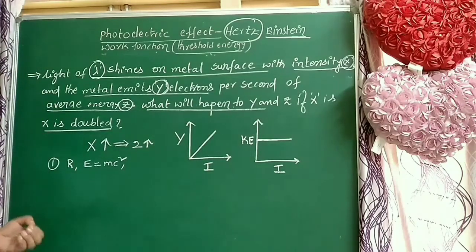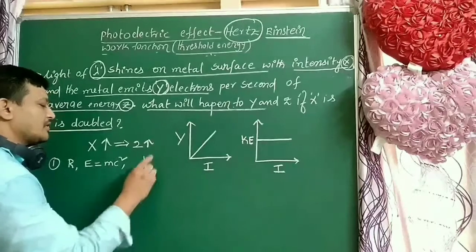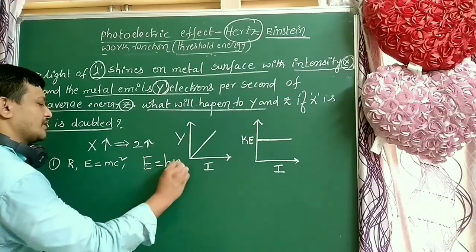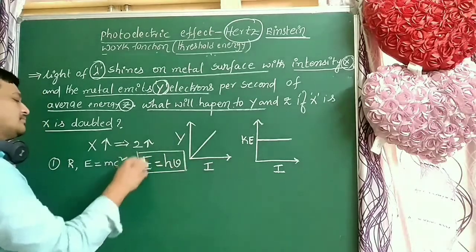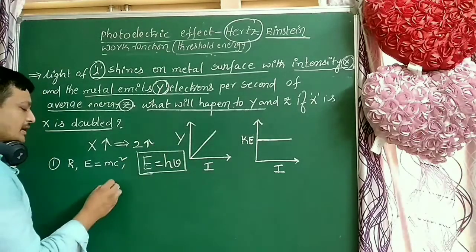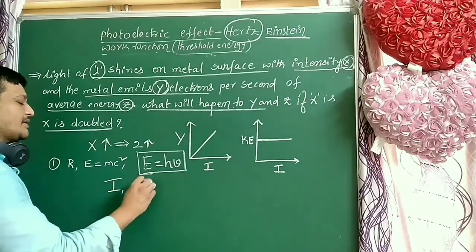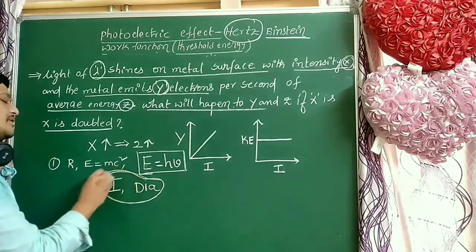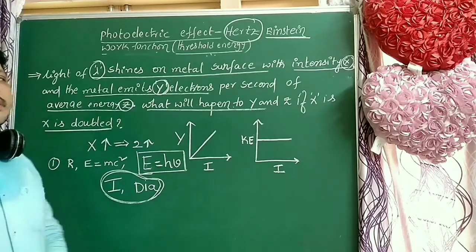But E equals h mu indicates the dual nature of matter. And next, interference and diffraction properties are evidence for the wave nature of radiation.